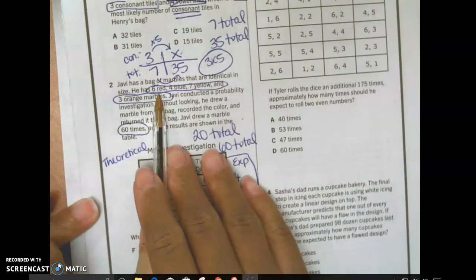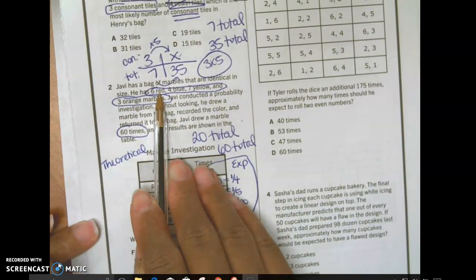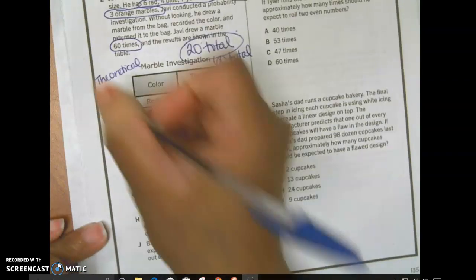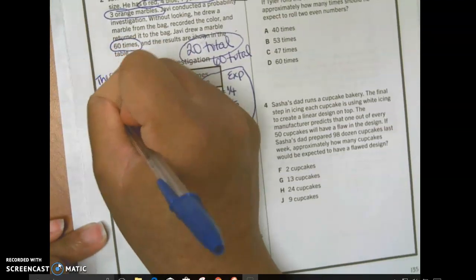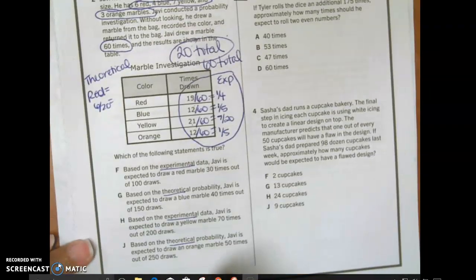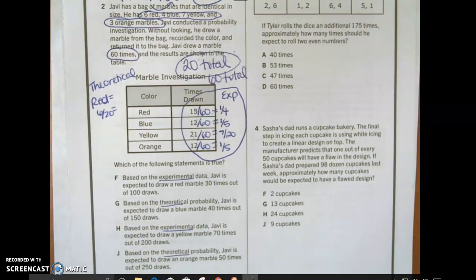My theoretical. What should happen? How many times should I get a red out of 20? So red is 6 out of 20, which simplifies to what? 6 doesn't go into 20 evenly. 3 over 10.